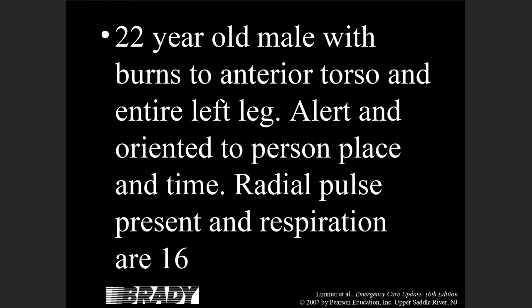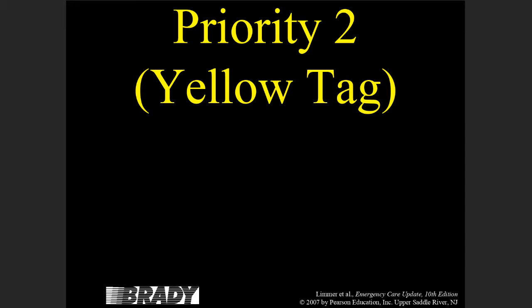Oh boy, we got to go back and study this, don't we? The whole entire anterior torso, 9 and 9 is 18. Entire leg, 18. What's 18 plus 18? 36, thank you. All right, he's alert and oriented to person, place, and time. Radial pulse present, respirations are 16. Priority 2.